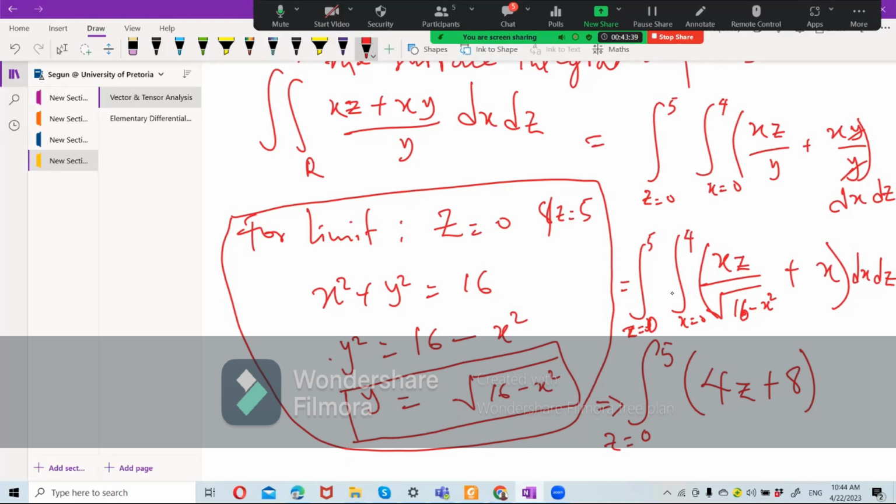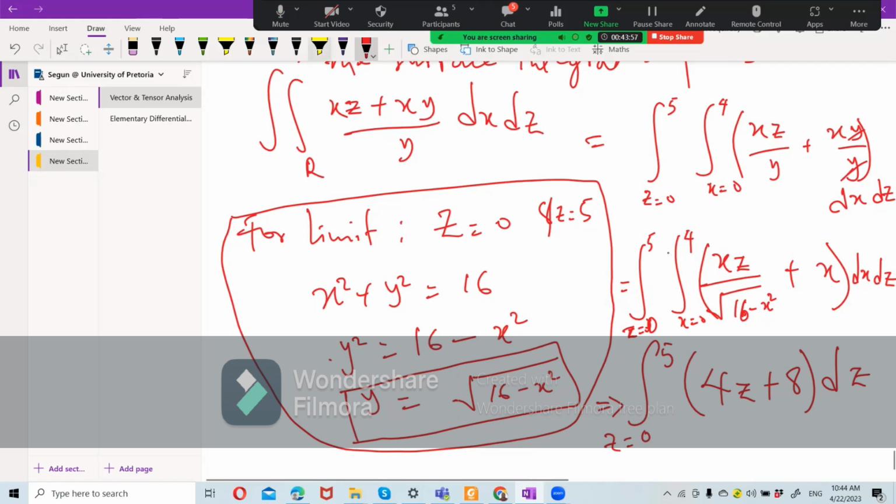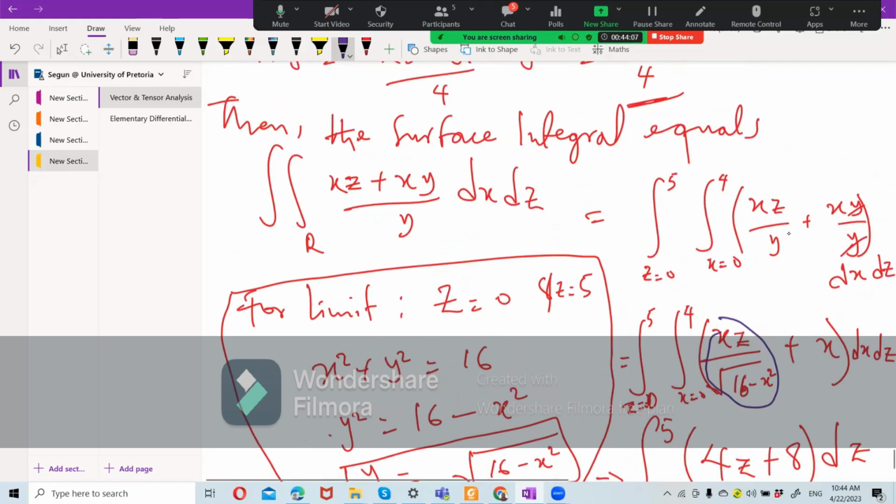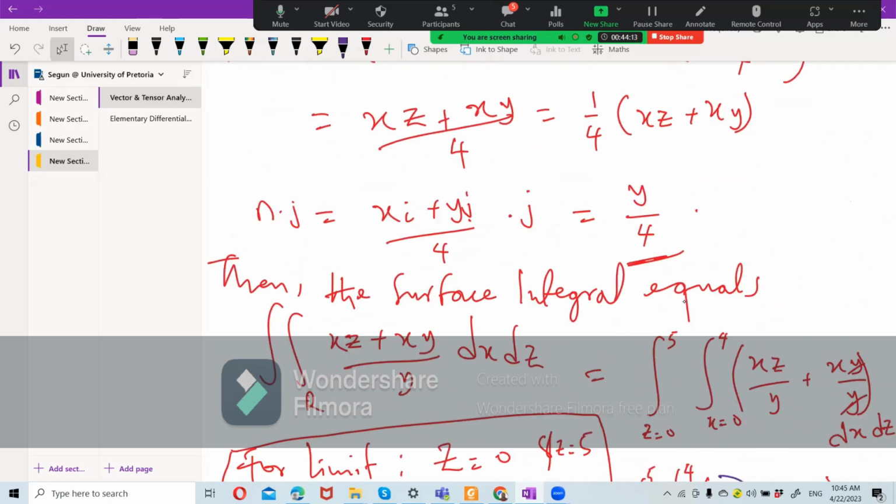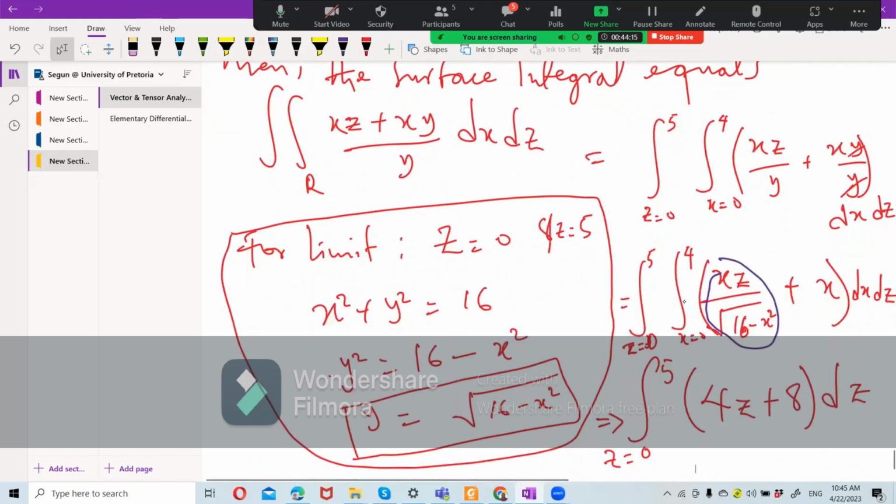When you substitute 4 here, you have 16 divided by 2, which is 8. You have 8 here. So go and find out how to do that. These are the things you've done in your part 2 in your calculus.